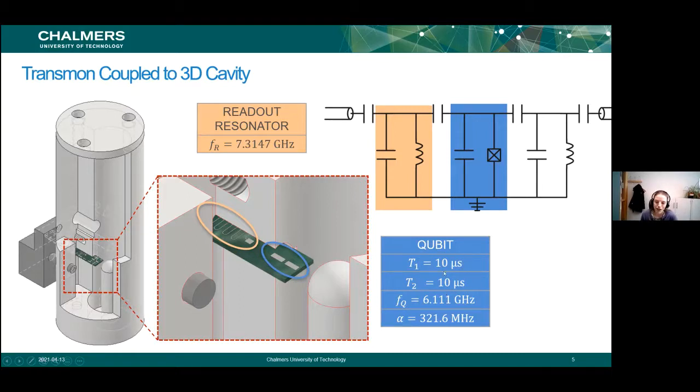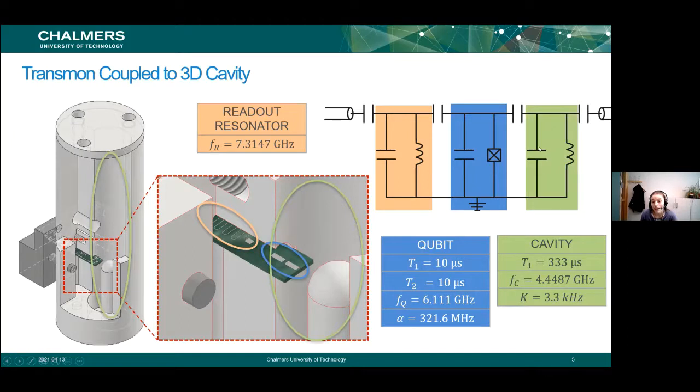My qubit currently is about 10 microseconds, both T1 and T2, and sitting at 6 gigahertz. And now there is this cavity, which is, in my case, 300 microseconds, sitting at 4.5 gigahertz. And it has a bit of this Kerr inherited from the qubit.